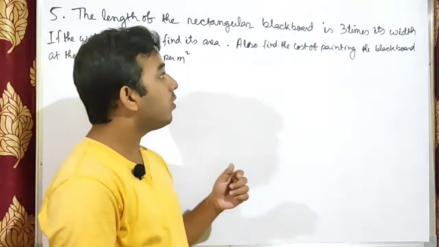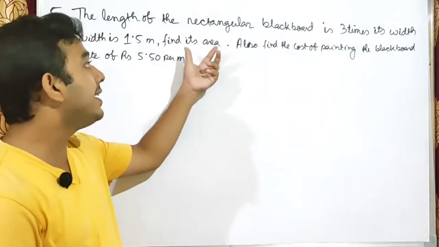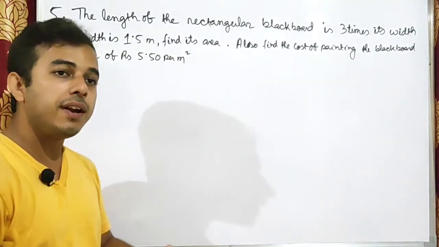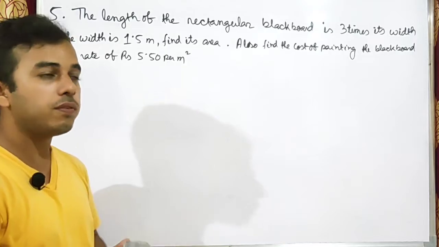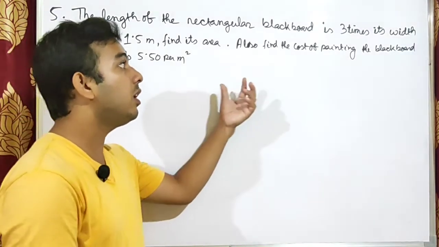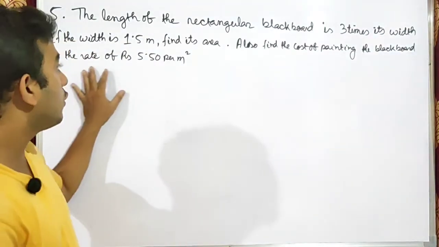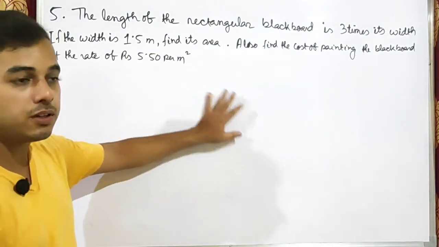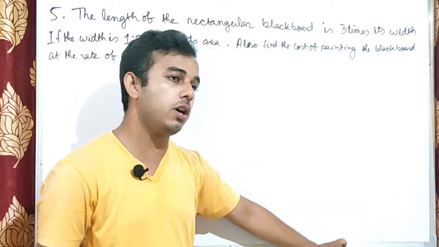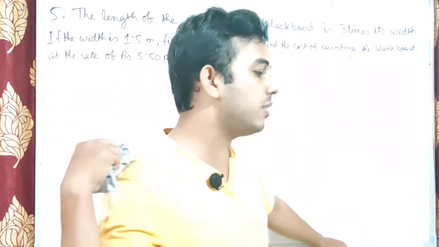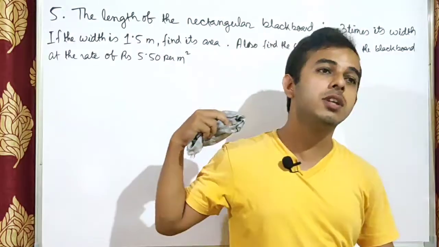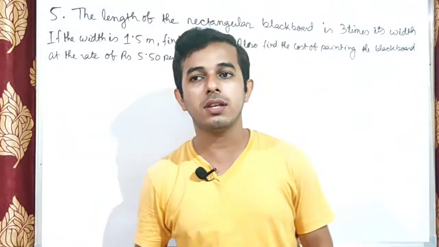Now it is asked that we have to find its area. After finding the area, the question is not finished. Again we have to find the cost of painting the blackboard at the rate of rupees 5.50 per meter square. That is, suppose this is our whiteboard, right? If I want to make it a blackboard, I have to paint it, right? Okay.